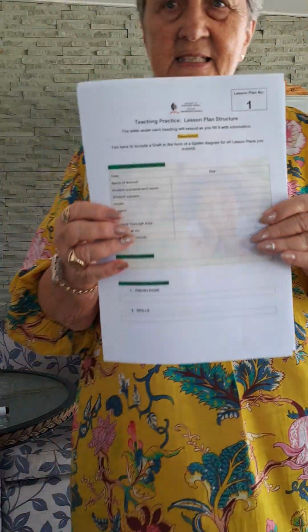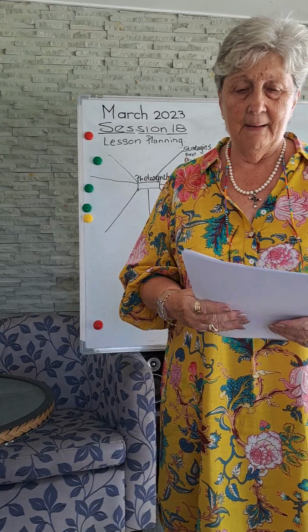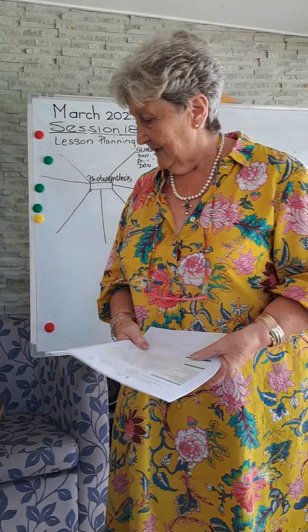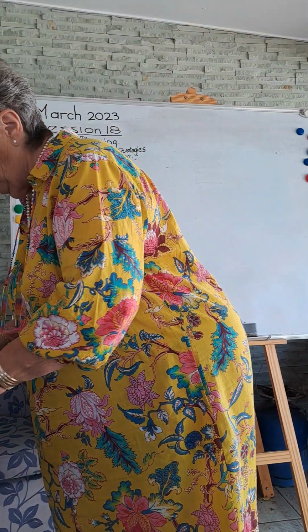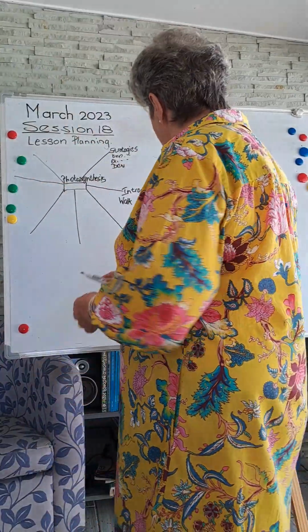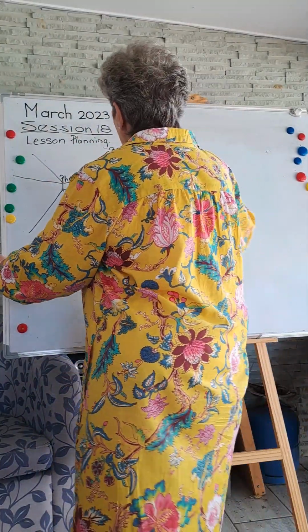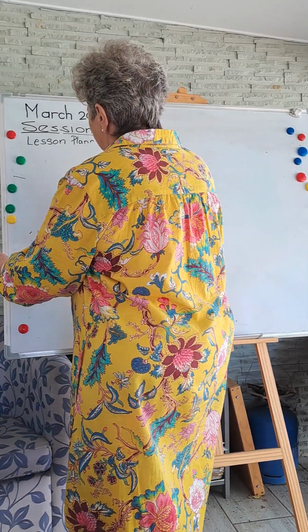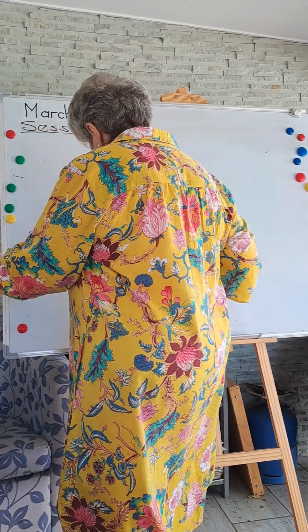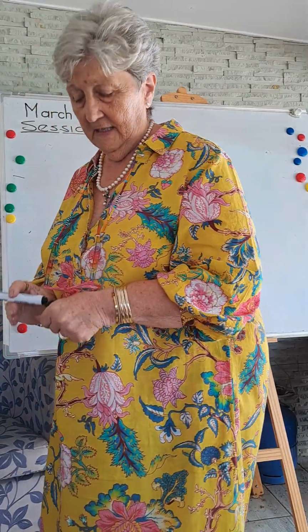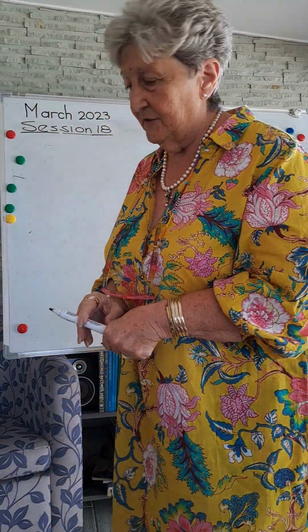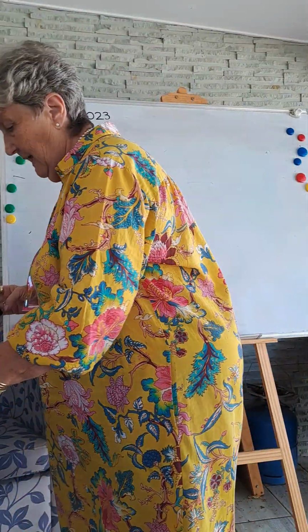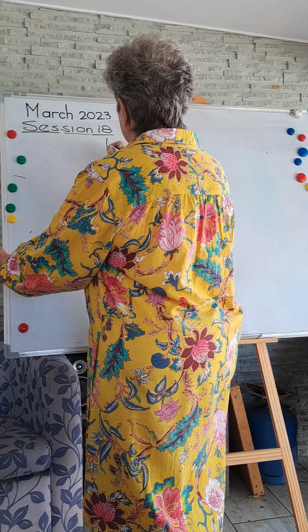So this is the template that you need to write your lesson plan. Now, today, all I'm going to do is show you how to fill in the top information, because it looks easy, but there are a lot of students who don't do it correctly. The first thing is the date.